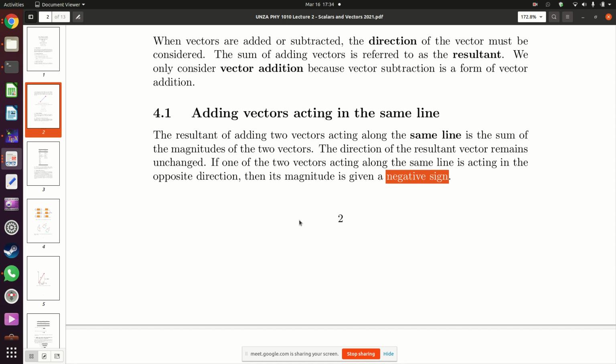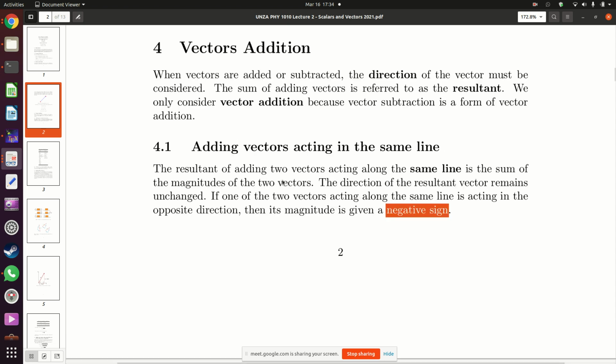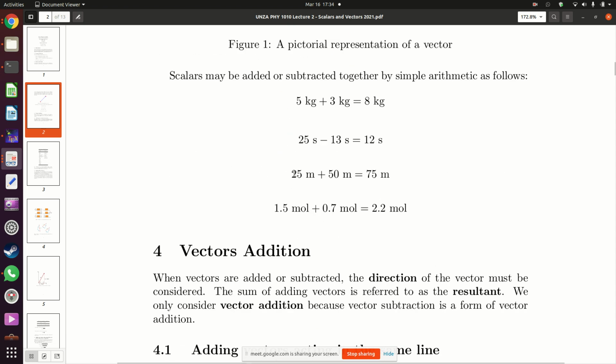That's the first thing, which is very, very important. You carry out addition like this: 25 meters plus 50 meters. You just add their sizes. Then you get the size, 75 meters. But the direction stays the same. The direction does not change.